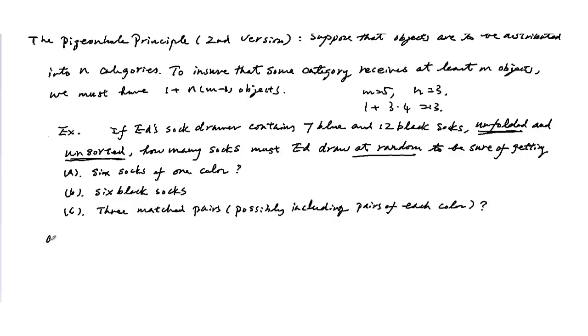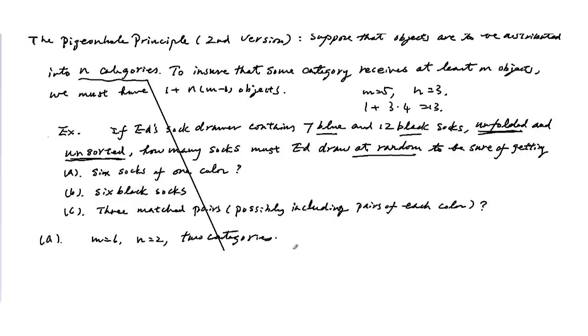So for question A, there are 2 categories here, blue and black. That is, n categories, and to ensure that some category receives at least m objects. Here we talk about 6 objects, so m equals 6, and n equals 2.